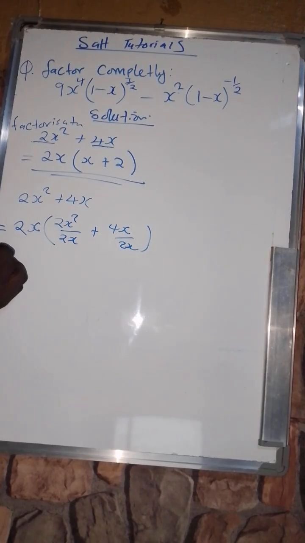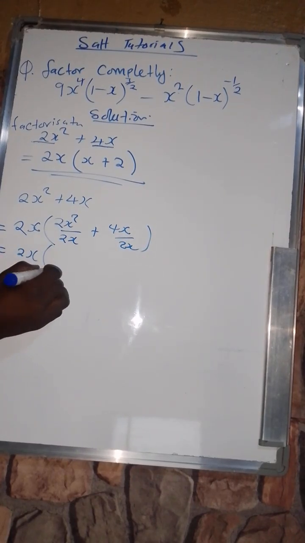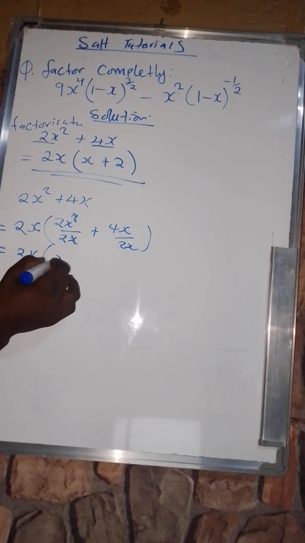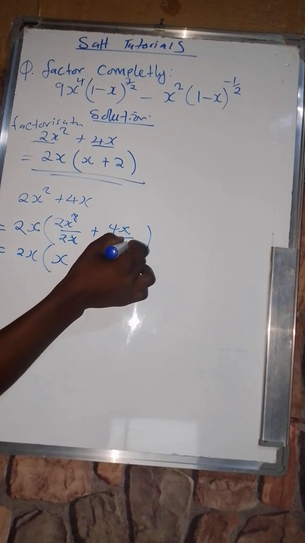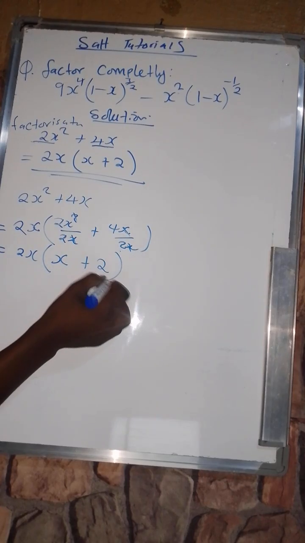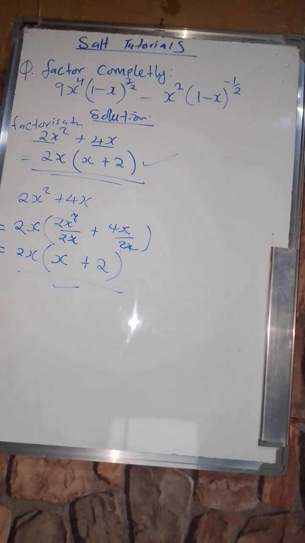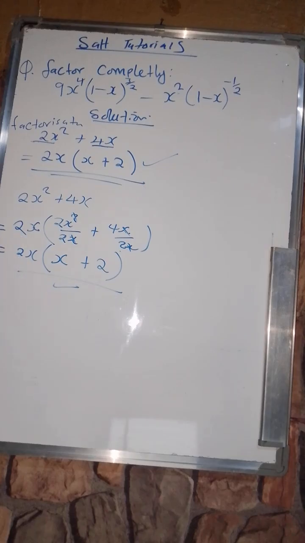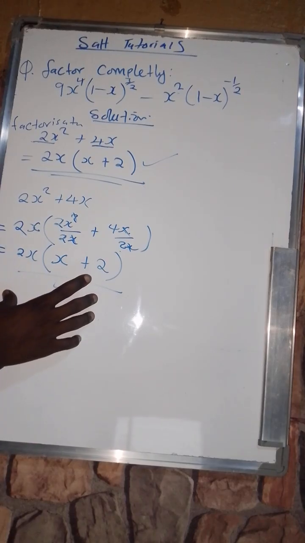That is why we always end up with 2x open bracket; this goes and that goes, that goes and that goes, we'll have x plus, that and that goes, we'll have 2. This is why this answer came about. So what happened was you were factoring out the term with the lowest power, and then you divide every term by that common factor which is outside. Then you have your solution.